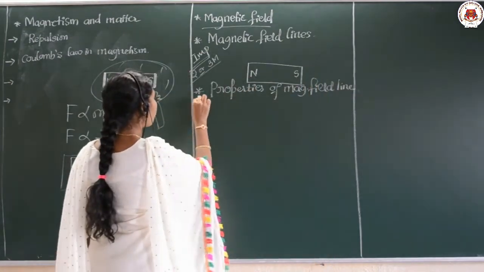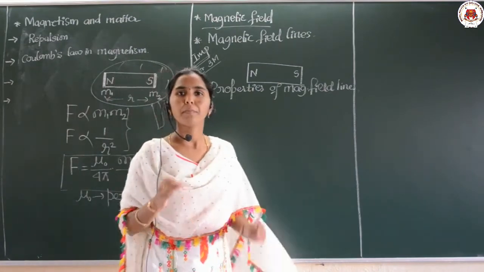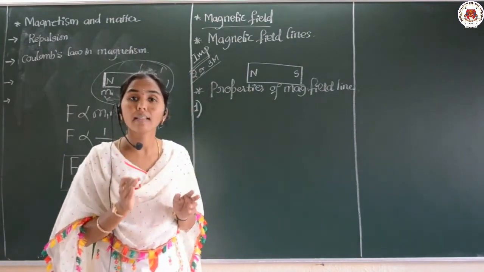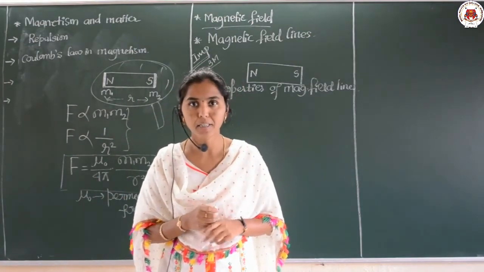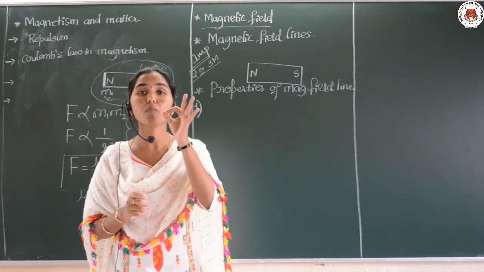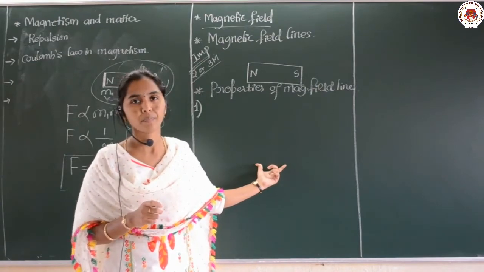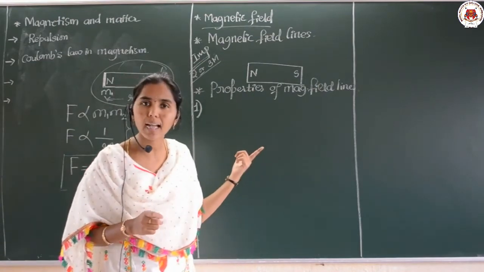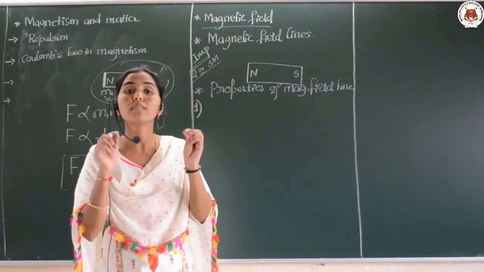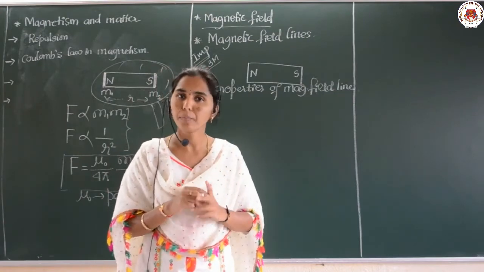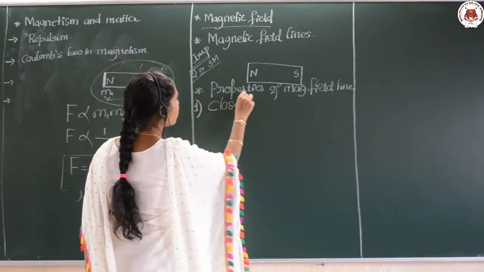The first property is that magnetic field lines are closed loops around a given magnet. Remember, children, this is the most important property of magnetic field lines. The first property is that the magnetic field lines form closed loops around a given magnet.